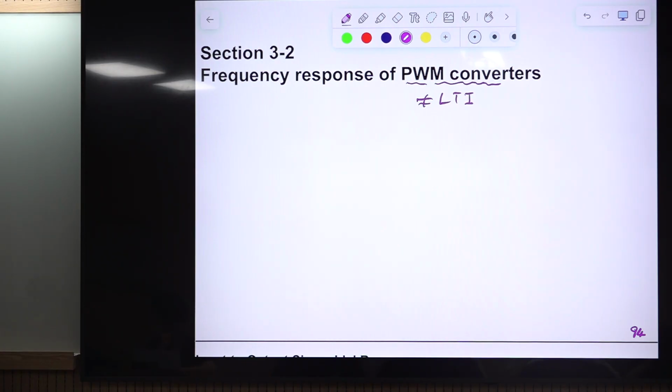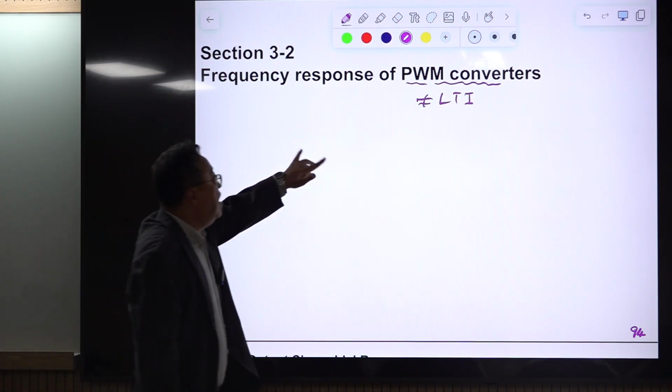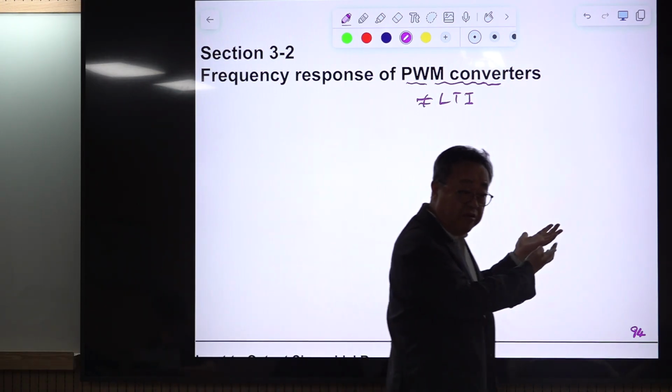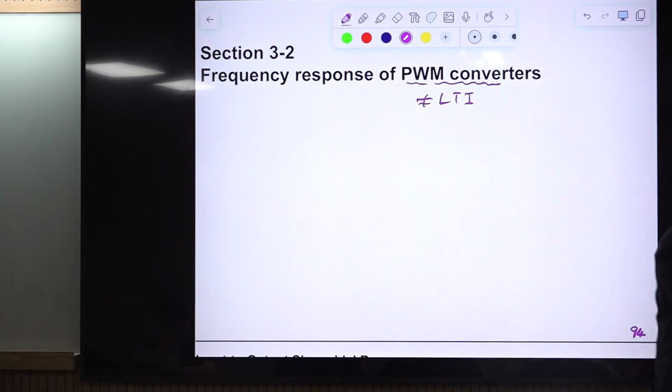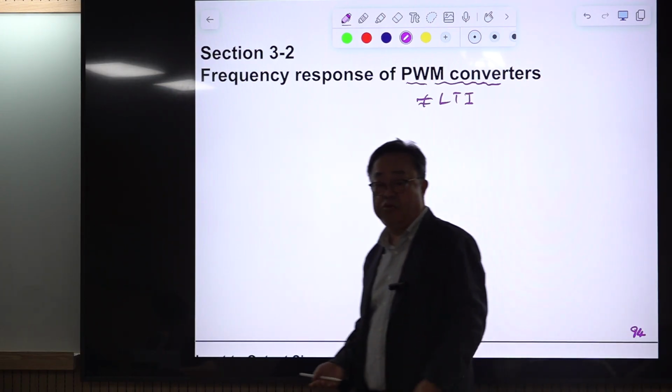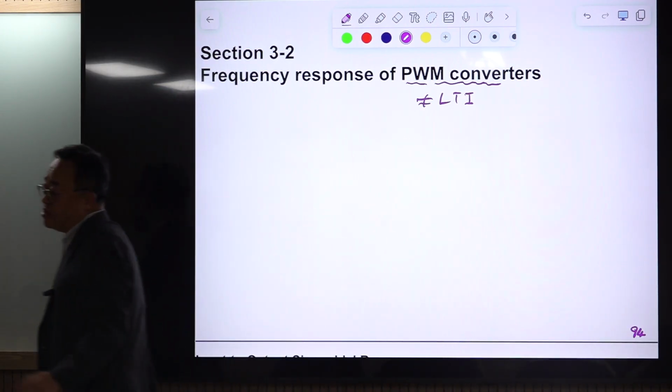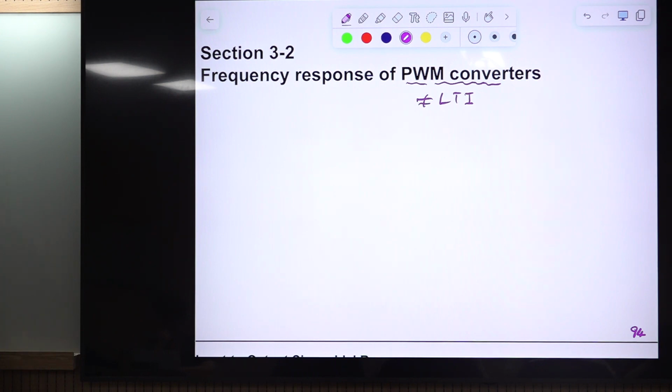So the implication of this and how to adapt the previous knowledge to the PWM converter, and what the implication, the benefit, and the limitations of that approach are, will be discussed starting from the next lecture.